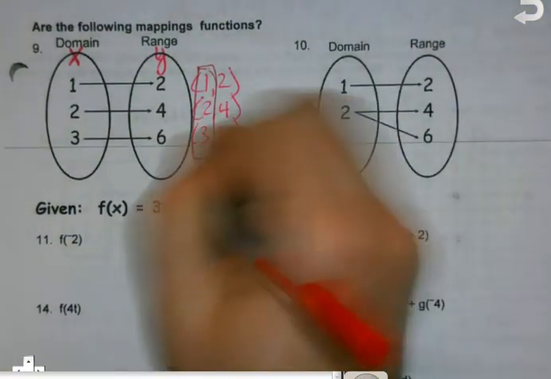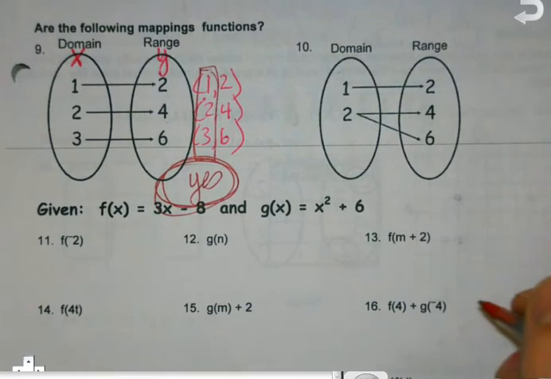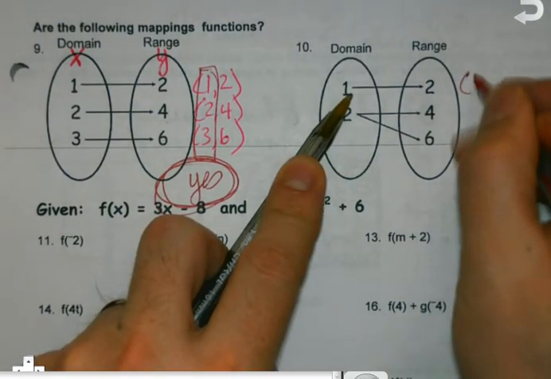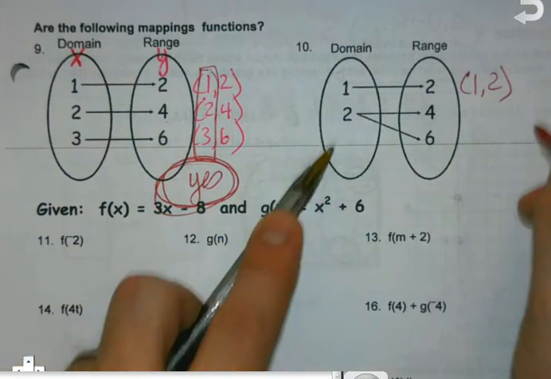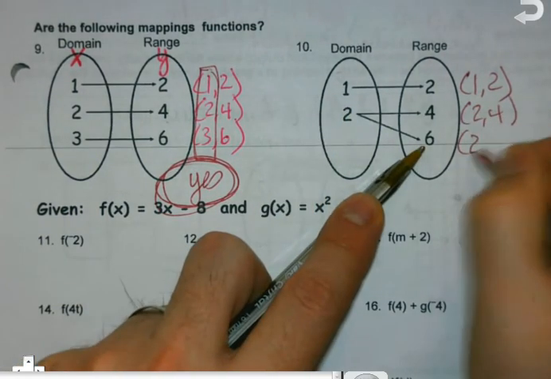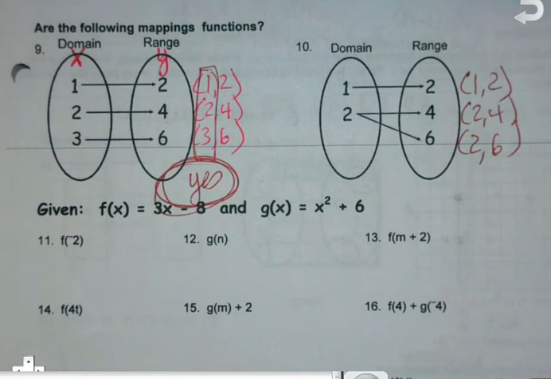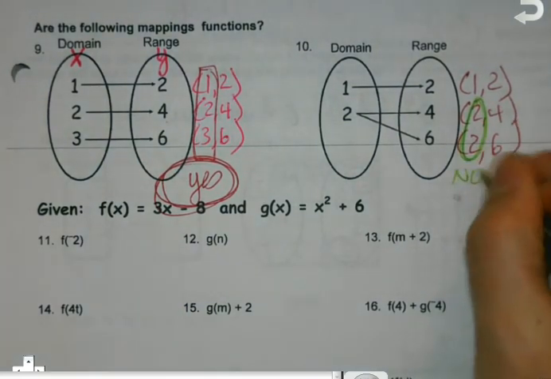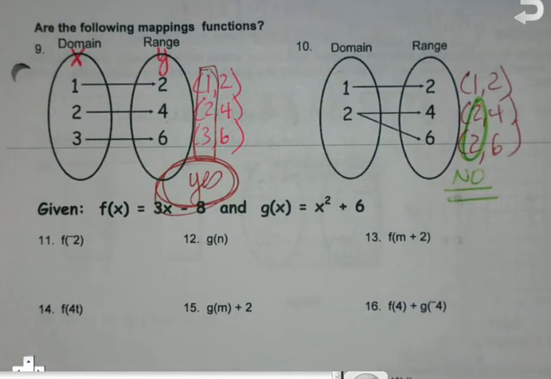So this is most definitely a function. And you're right, because if I wrote my points down here, 1, 2, 2, 4, 2, 6, I have a problem. I have a repeat of my x's, so that one would be no.